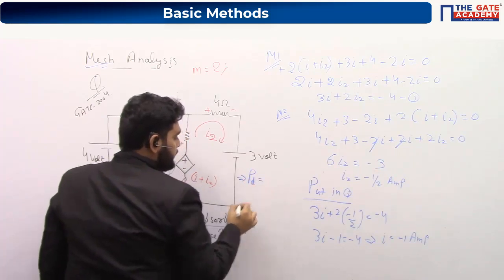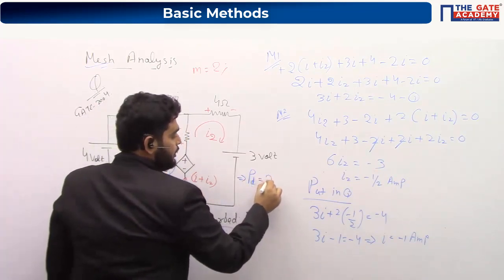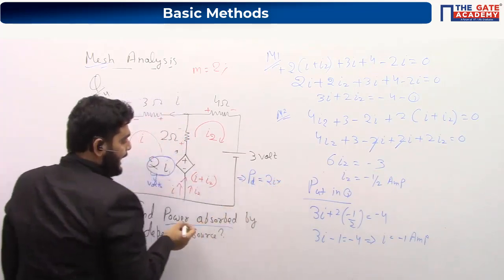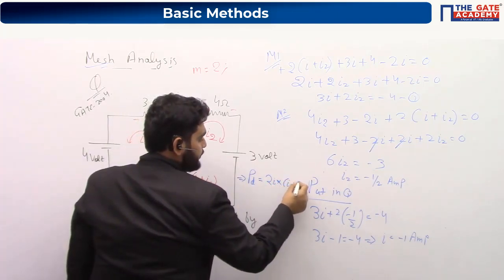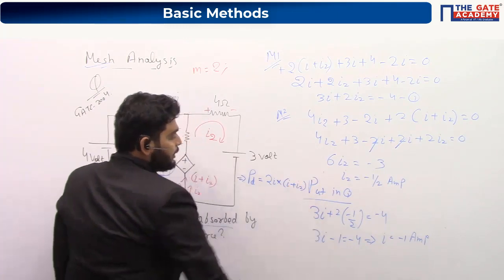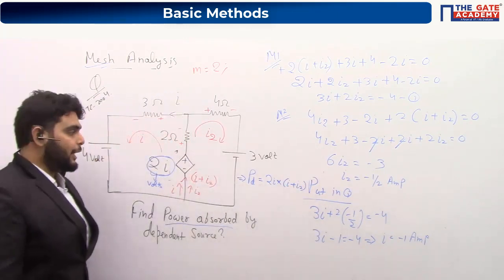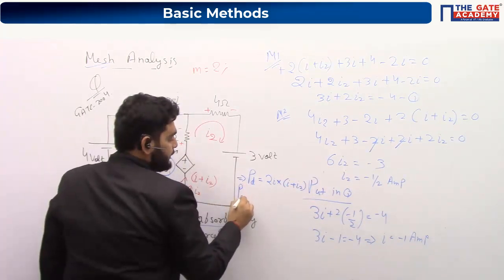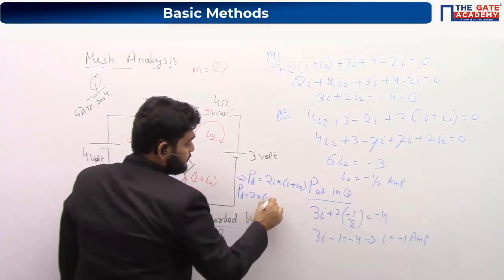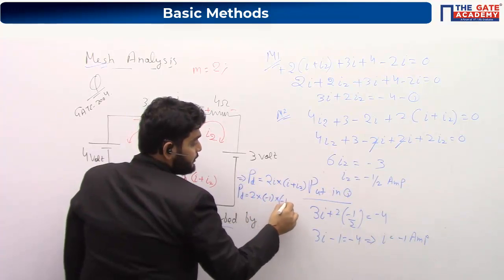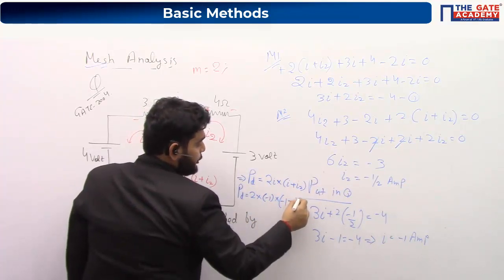So here, according to the network, I can write power delivered is equal to the voltage multiplied by the current passed through it, which is nothing but 2I multiplied by I plus I2. So power delivered is equal to 2 multiplied by small I, which is minus 1, multiplied by minus 1, plus I2, which is minus 1 by 2.